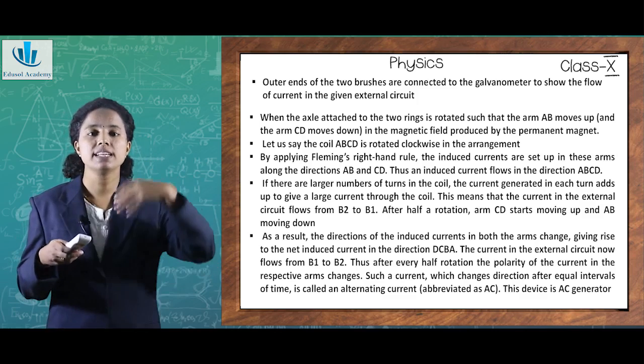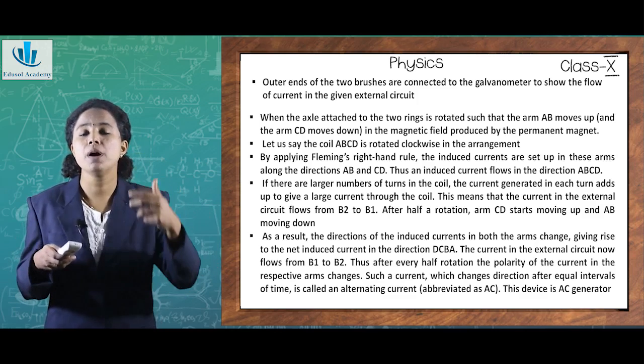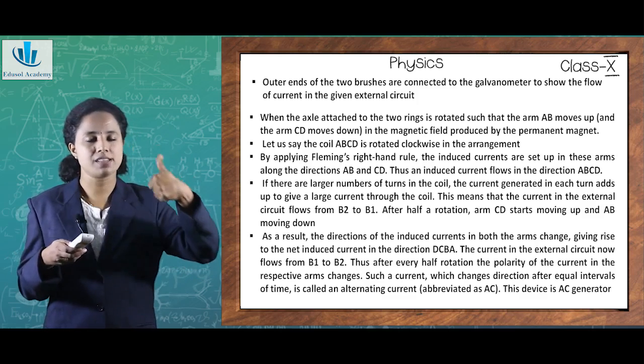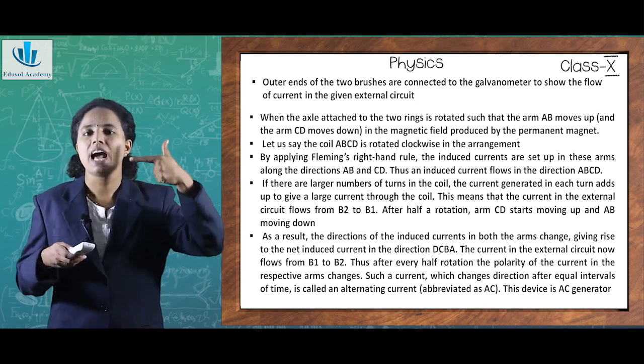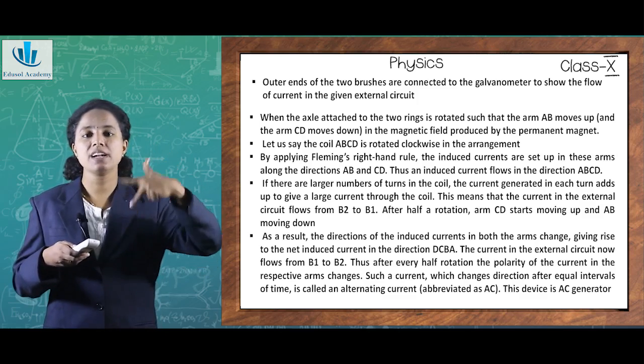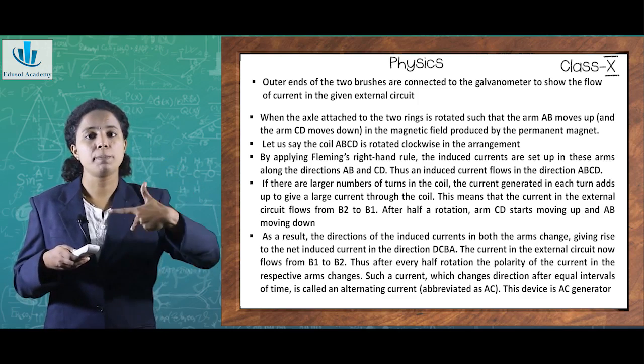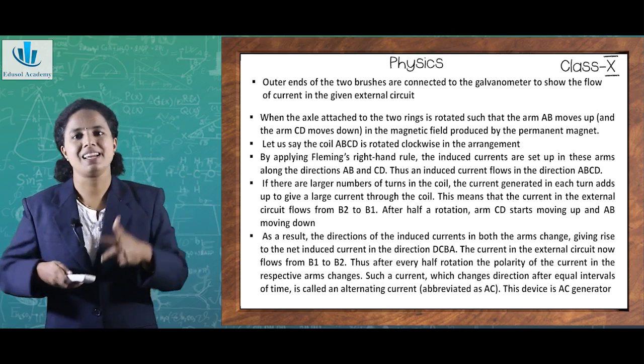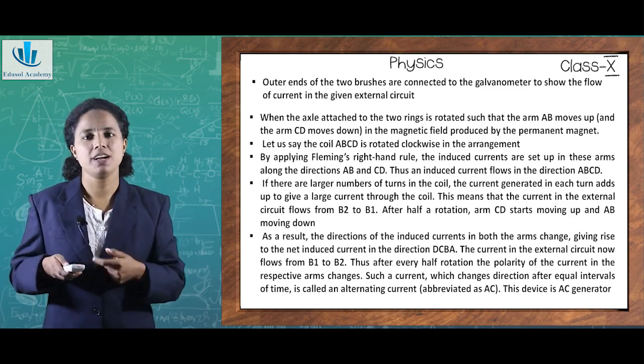So we need to place these three in a perpendicular position. So if I place the movement of conductor as my thumb and magnetic field as my forefinger, then the current induced in the conductor will be shown by my middle finger, isn't it? That was Fleming's right hand rule.